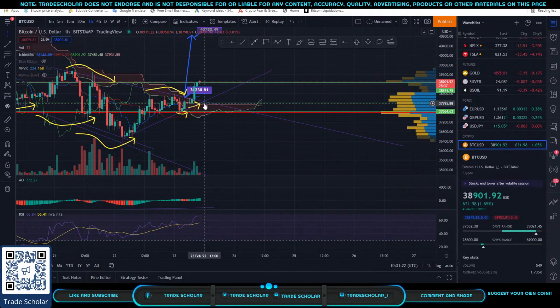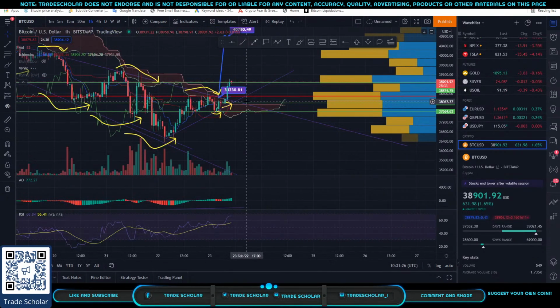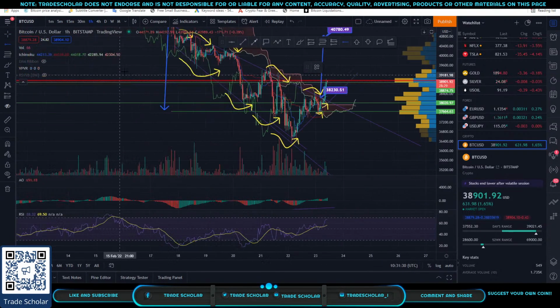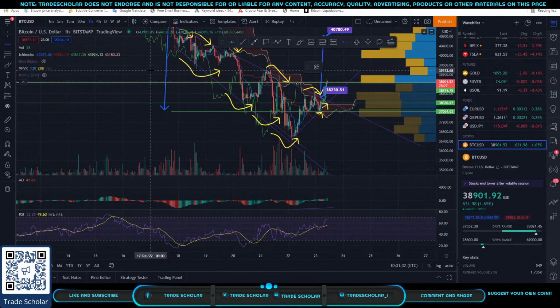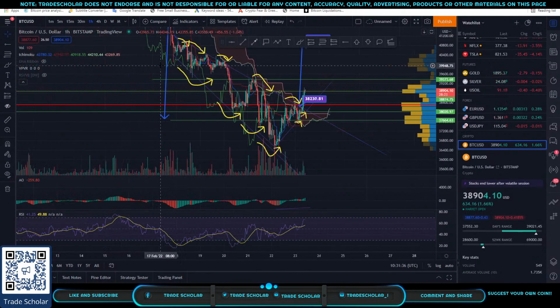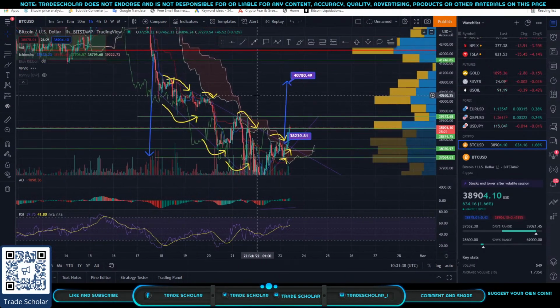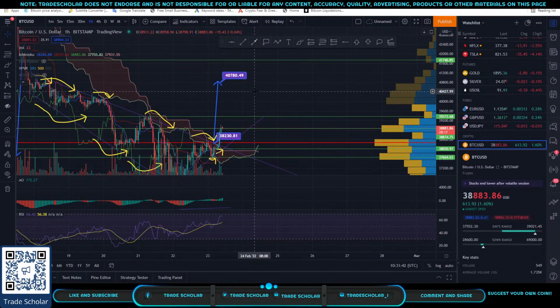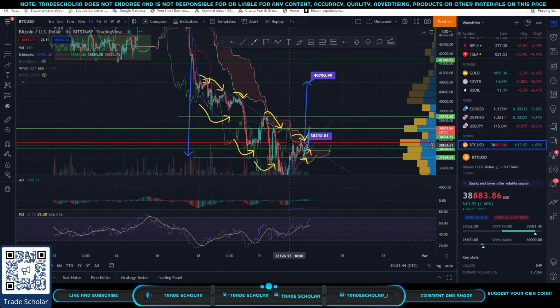So we can find support here, support here, support here. Our rejection area is right here in the green line. If we break it, the next rejection area is right here, the previous high, and then the next rejection. So this is for our 4-hour time frame.